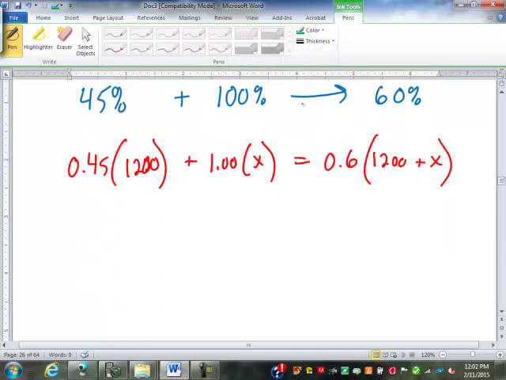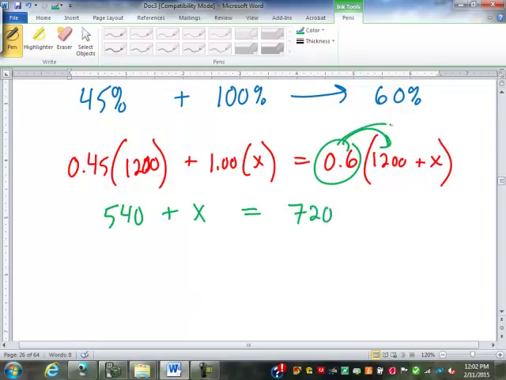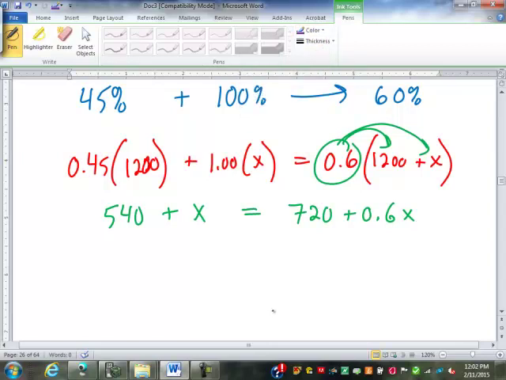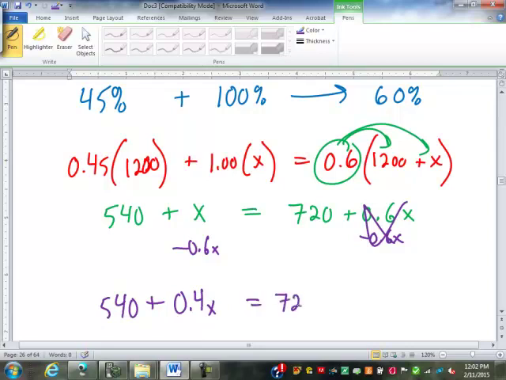So now 0.45 times 1,200 is 540. 1 times x is just x. 0.6 times 1,200 is 720. 0.6 times x is 0.6x. Now I have an x on each side. I'm going to get rid of the smaller one, which is 0.6. I subtract 0.6x, leaving me with 0.4x. We still have the 540, so 540 plus 0.4x equals 720.